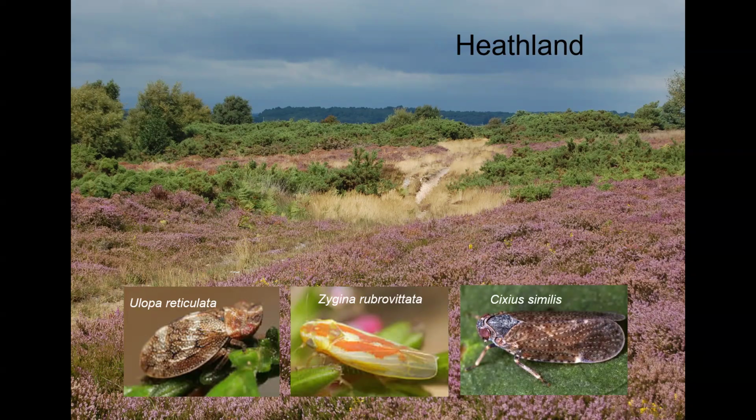So Eurysa reticulator here, for example, at the bottom, a very characteristic species that feeds on heather. It looks very much like a little heather seed when it's in the net, so quite difficult to spot. But there are other very distinctive species like the little typhlocybine Zyginidia here, and some of the cixiids as well.